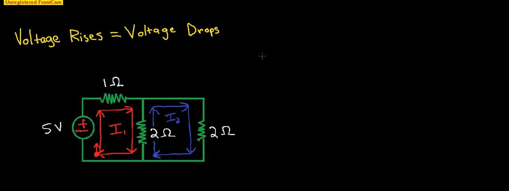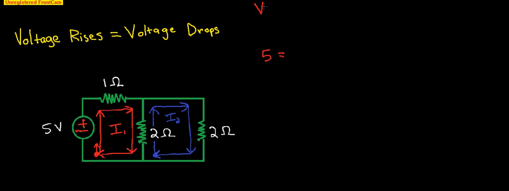So our voltage rise goes on the left side, so 5. If we look through the rest of the mesh, there is nothing that supplies power, so everything else will be a voltage drop. So this will equal all of the voltage drops. Our first voltage drop is this 1 ohm resistor.